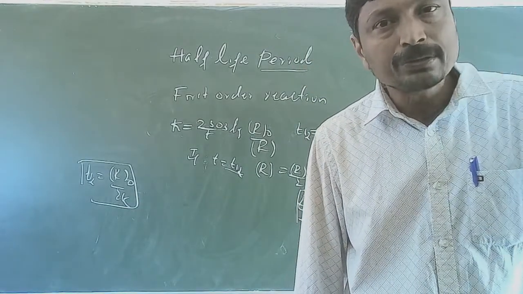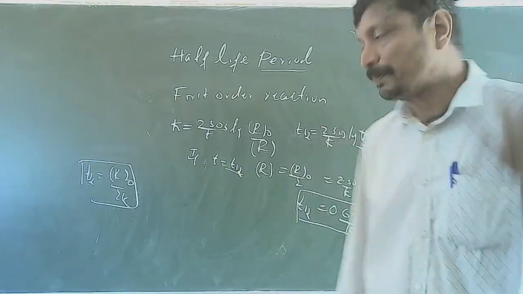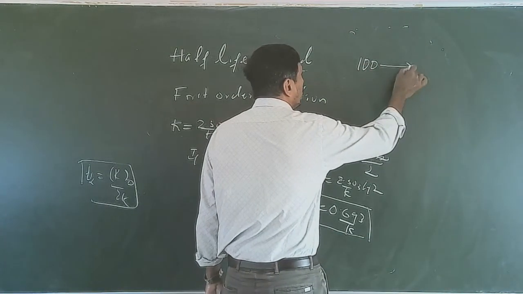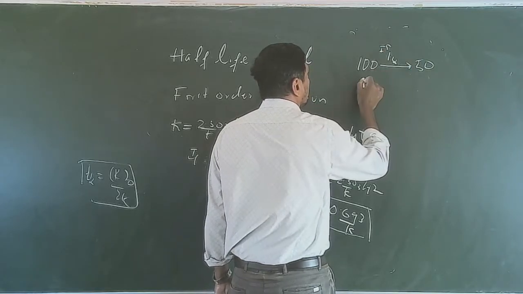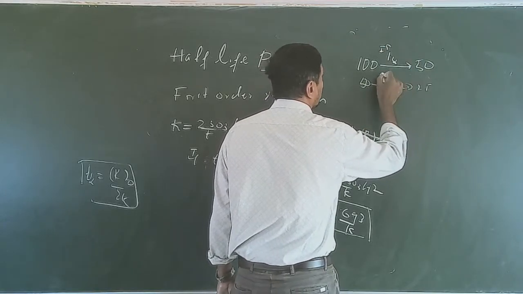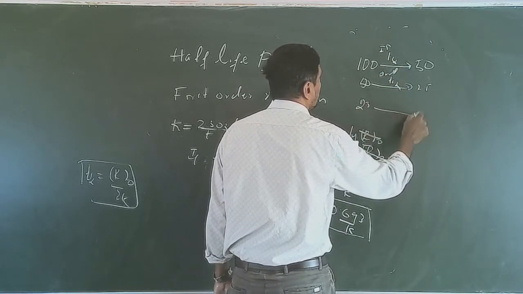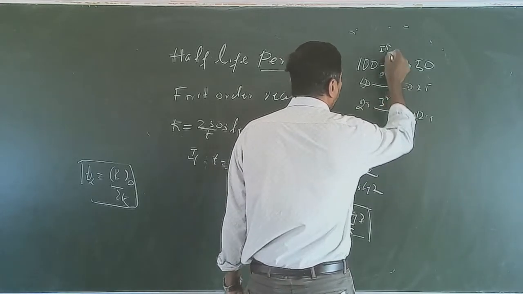Whatever the initial concentration may be, half-life period is the same. Suppose you have 100 to 50 is the first half-life, 50 to 25 the second half-life period, 25 to 12.5 the third half-life period. All these are the same.